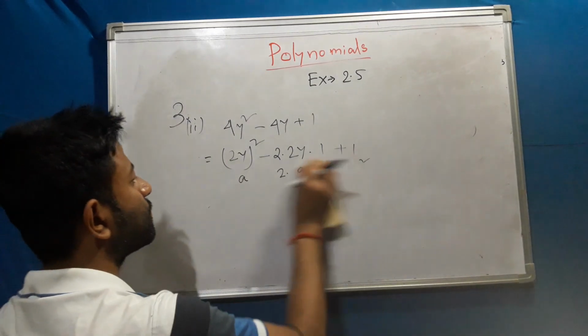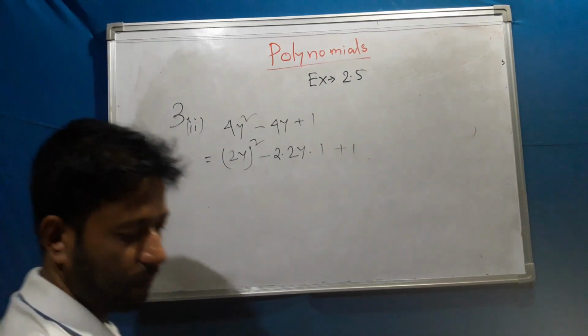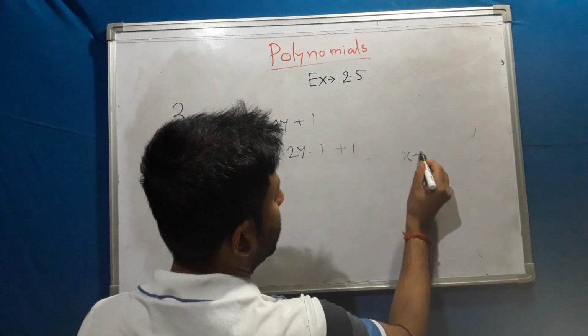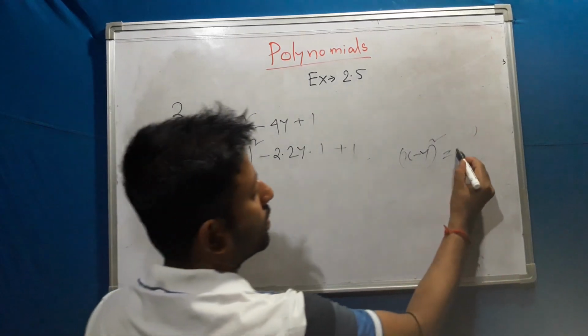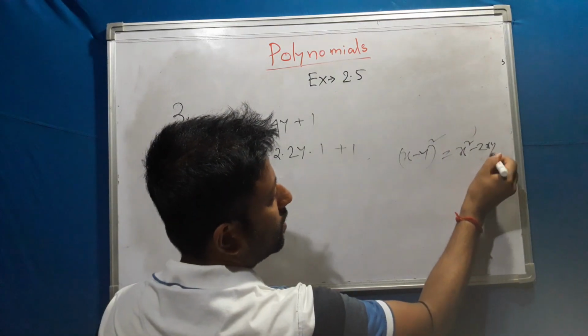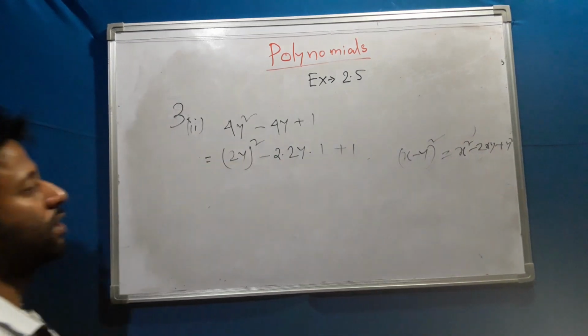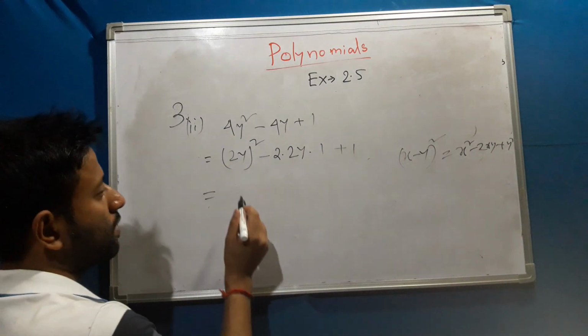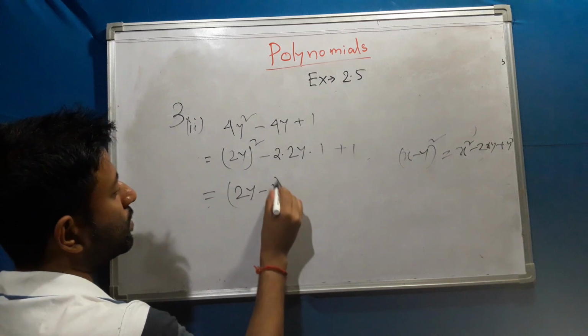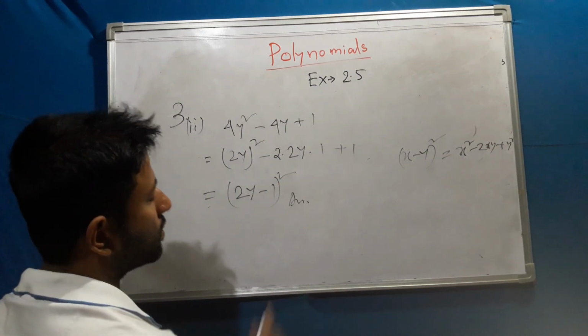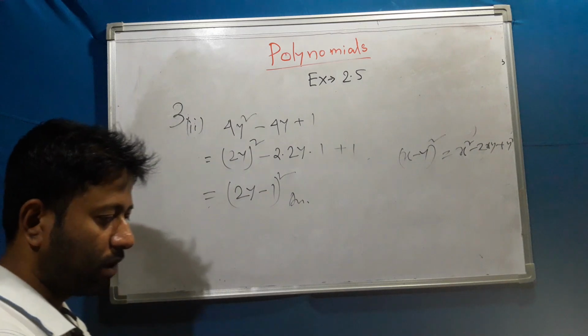It is x minus y whole square equal to x square minus 2xy plus y square. This formula I can apply here. So it becomes 2y minus 1 whole square. This is the answer. Okay, this is very simple.